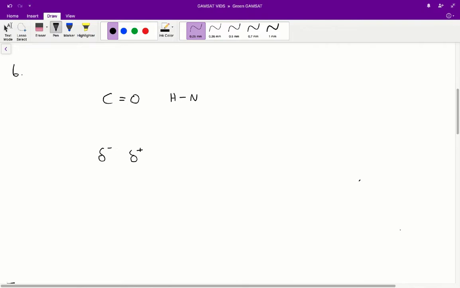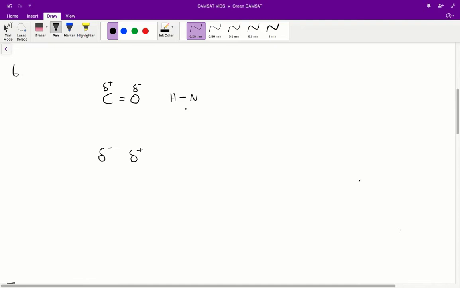So we have two atoms here and they are covalently bonded as indicated by these lines, and we know that carbon has an electronegativity value of 2.55 whilst oxygen has a value of 3.44. So oxygen is going to be more electronegative and therefore will have the slight negative charge, whilst carbon will have the slight positive one.